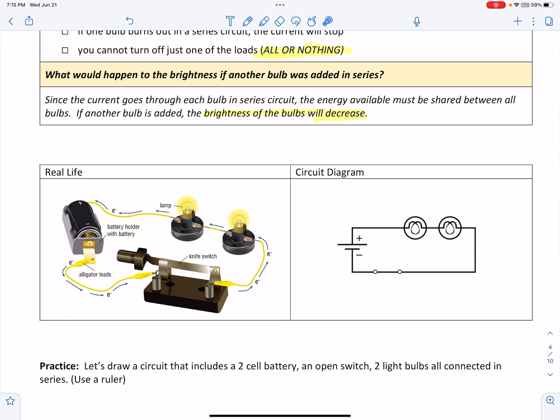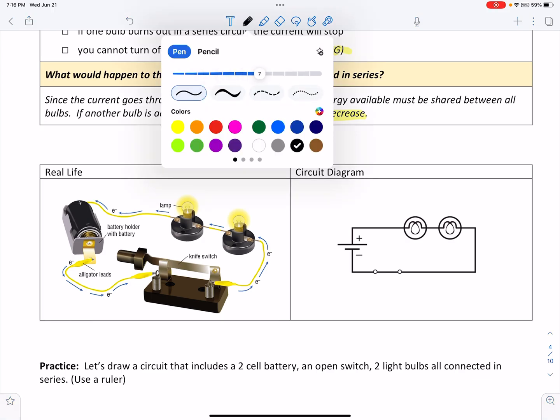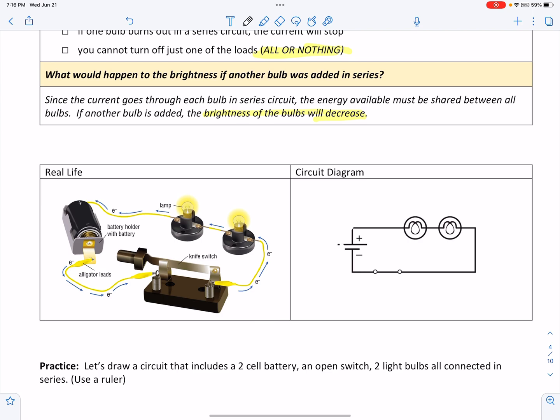This is how we draw a circuit diagram for a series circuit with a closed switch, 2 light bulbs, and 1 cell. I'm going to erase this and draw it with you. So let's draw the components.